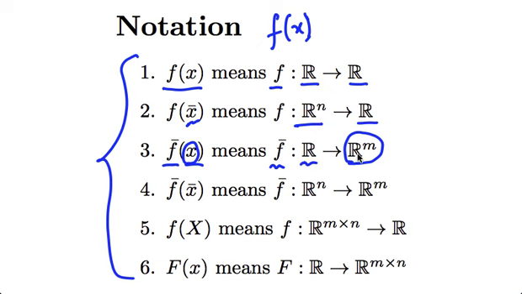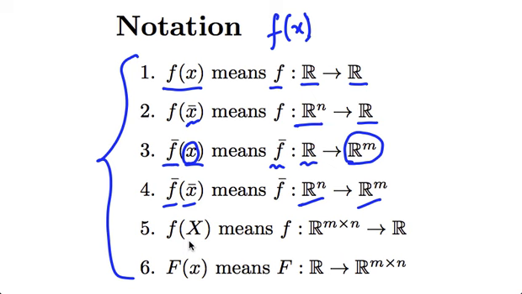So it takes in a real number and gives out an entire vector. If you put those two together, f bar of x bar means that it takes in one vector and it spits out another vector. So bar basically means either the input's a vector or the output's a vector.